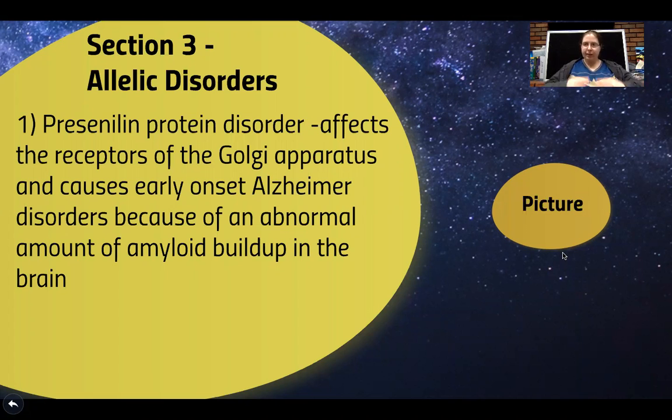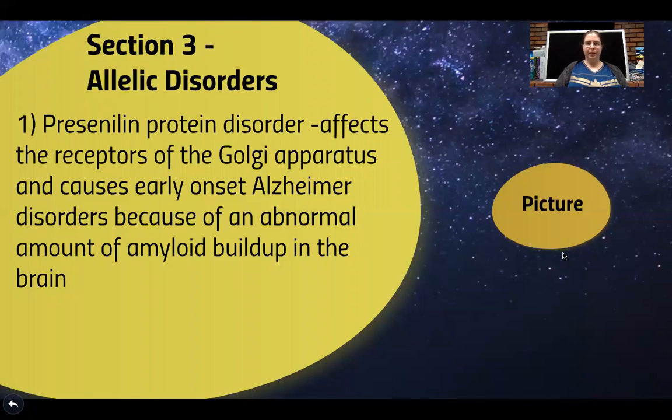So in membranes, whether it's cell membrane, nuclear membrane, the Golgi membrane, there are receptors on there, and those receptors are made up of proteins. And this is a particular protein receptor that is located on the Golgi apparatus. Remember, that is our shipping organ. It packages proteins, lipids, etc., to be sent out of the cell.